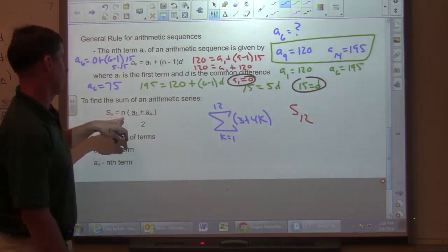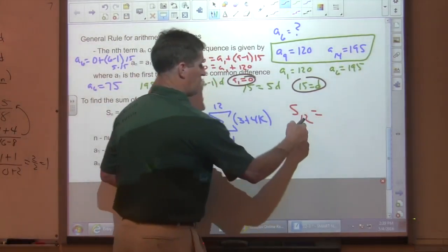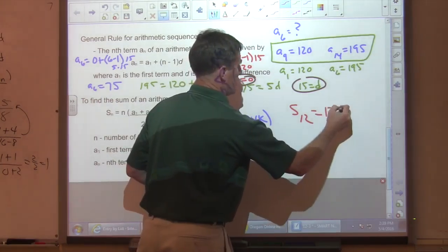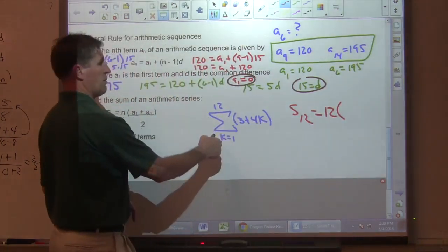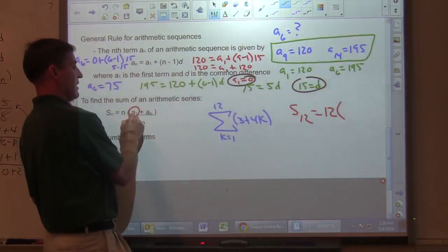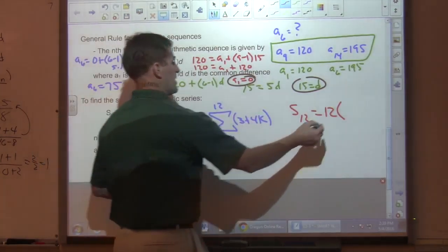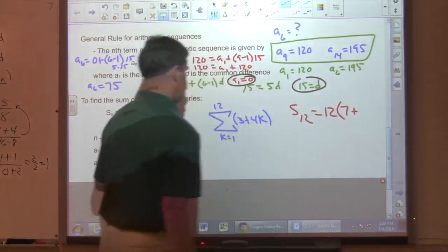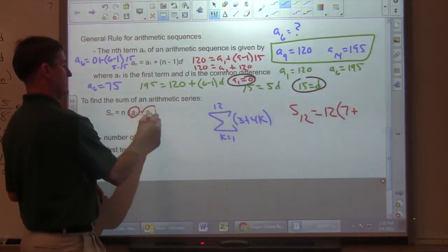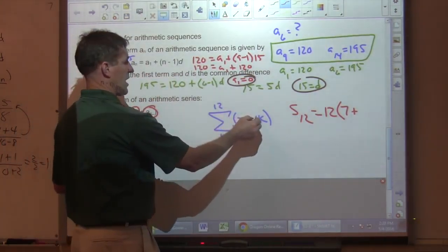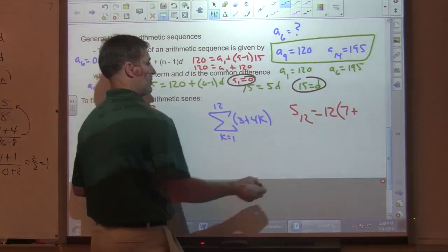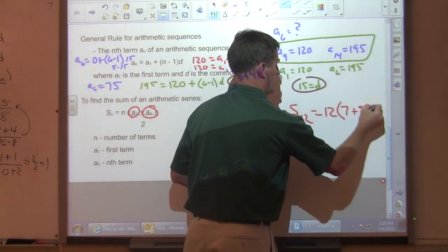So S of n equals, again, we know our n is 12. And then to find A sub 1 from our formula, we just plug 1 in. 4 times 1 is 4, plus 3 is 7. So that's A sub 1. And to find A sub n, you plug 12 in, the top number. 4 times 12 is 48, plus 3 is 51.